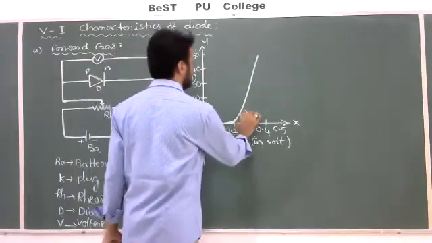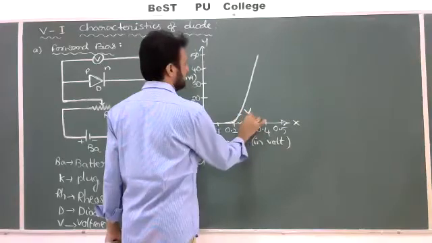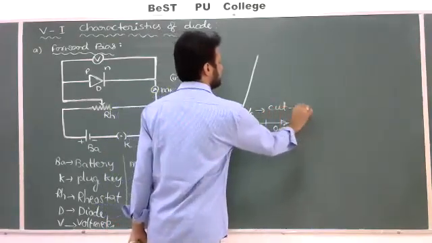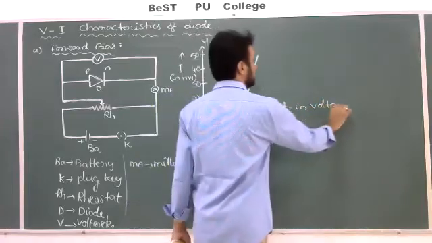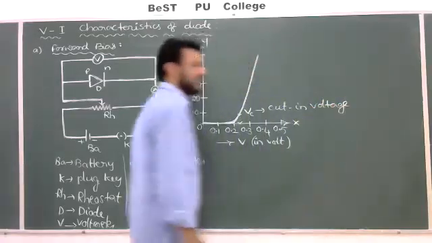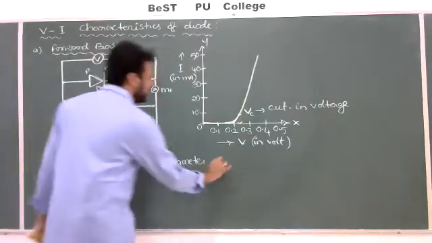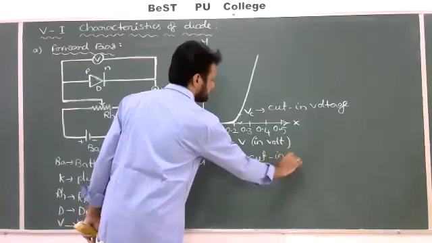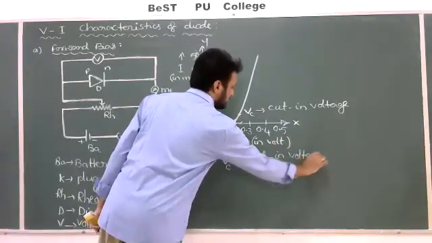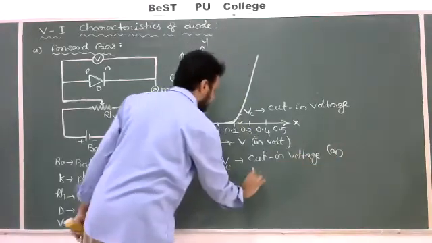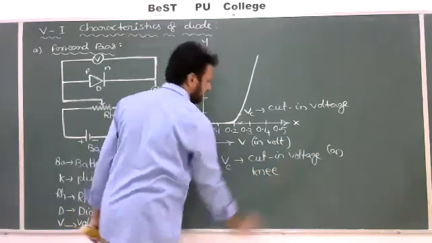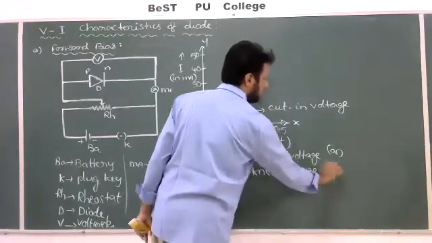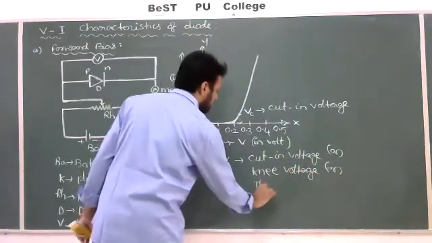So here we can write V_C, which is nothing but cut-in voltage, also called knee voltage, or also called threshold voltage.